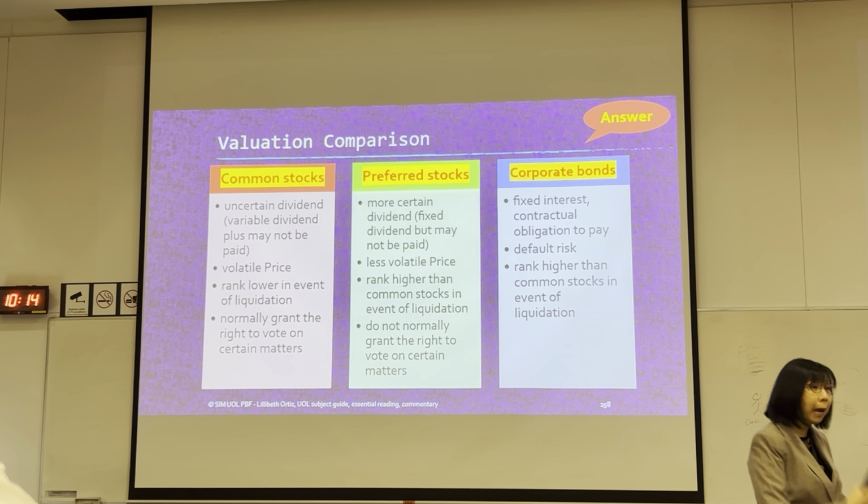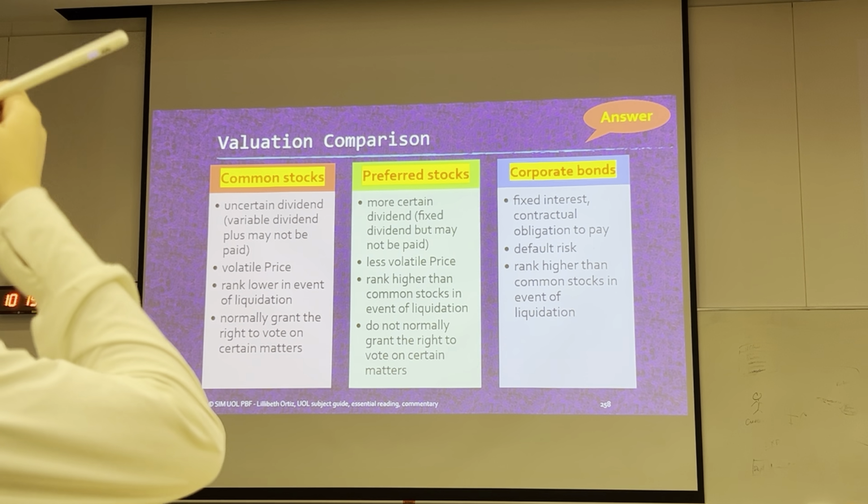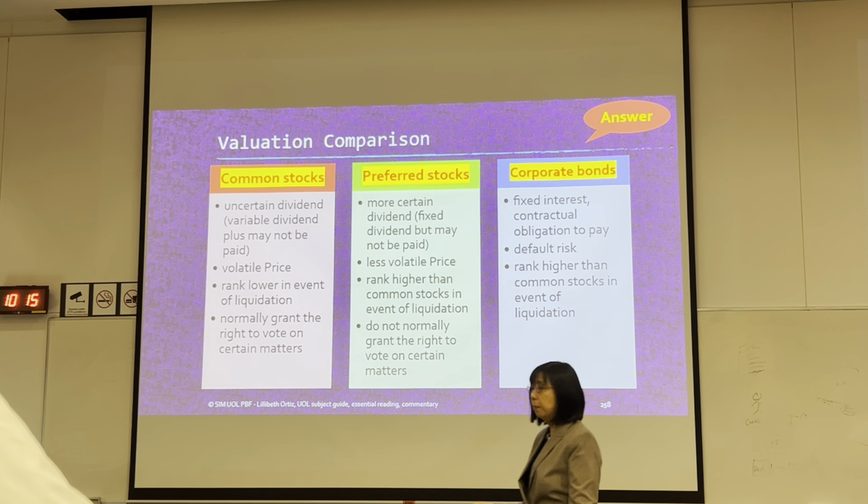So the company has to pay those coupons, the fixed interest amounts, plus the face value at the very end. Of course, some companies don't do very well and may default. But at least in terms of cash flows, you know what they are supposed to pay. And they rank higher. They get paid first before any of the equity type of securities.